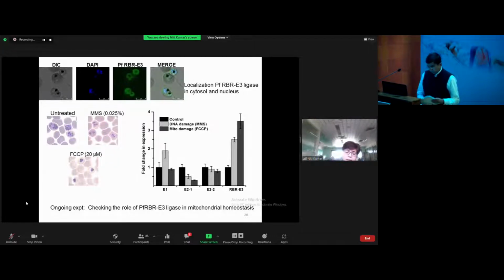That would give us a hint whether this E3 ligase controls the fate of proteins through K6-mediated ubiquitination, which has an important role in maintaining mitochondrial homeostasis.